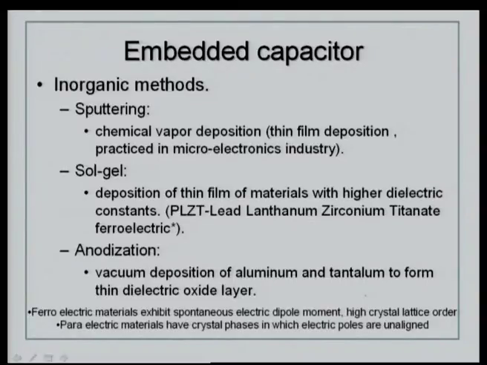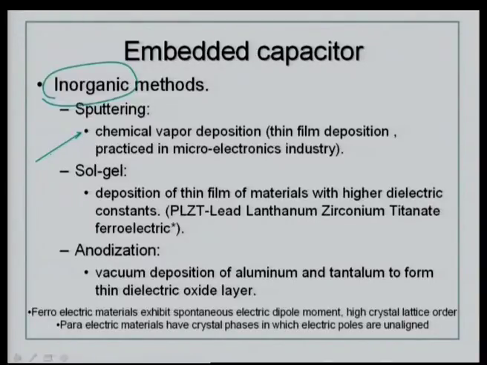Firstly, in terms of process, we could have inorganic methods. Typically sputtering, using chemical vapor deposition, thin film deposition practiced in the microelectronics industry. So, it could be easily adopted into the fabrication methodology.